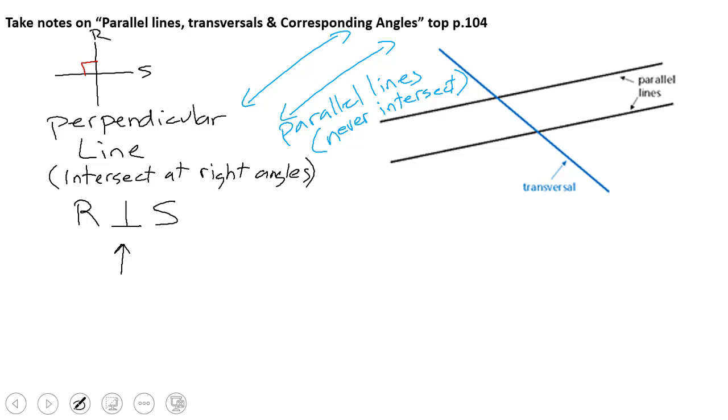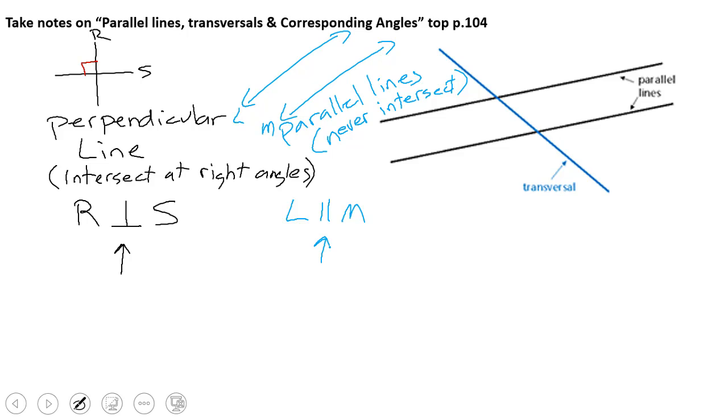And I'm going to label these line L and line M. And so the proper notation for that would be L is parallel to M. And so the parallel notation looks like an 11. And so line L is parallel to M, meaning they never intersect. And of course, then we have a transversal, which is just a line that intersects two or more other lines. That's all it does.